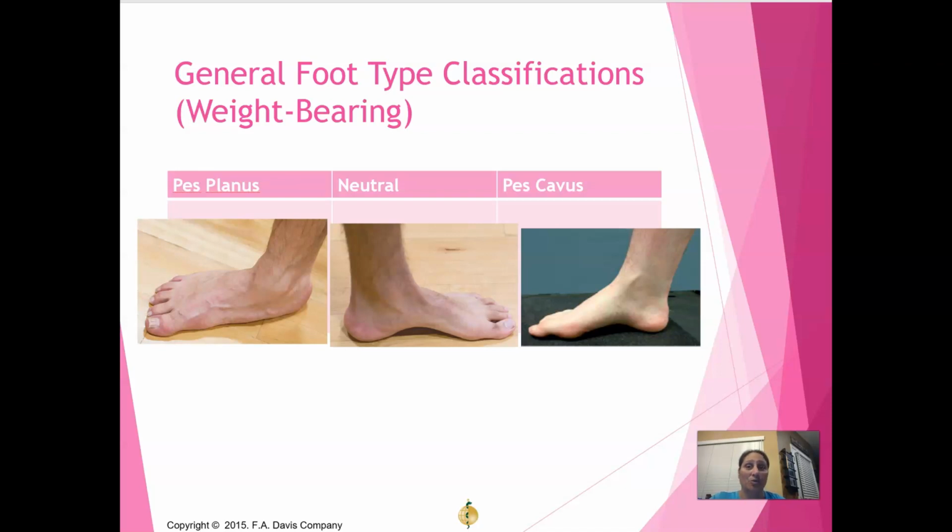I think it looks really cool when sports have team shoes, but it's usually really bad for the athletes because not everybody has the same exact foot type. We might have brands that we prefer because of our foot type and not necessarily because of the looks, or maybe it is because of the brand.